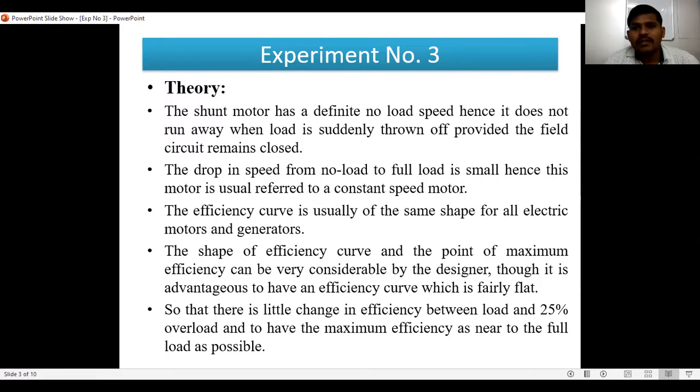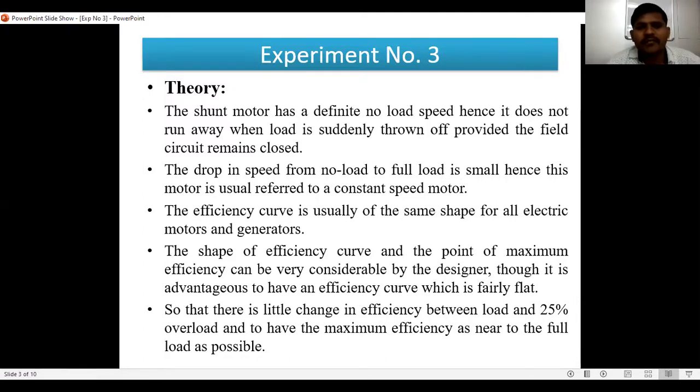What is the change in the DC motor speed, the change in output, and the change in efficiency, we will see by taking observations and drawing a graph. The drop in speed of the DC motor should be slightly less as compared to the no load speed.